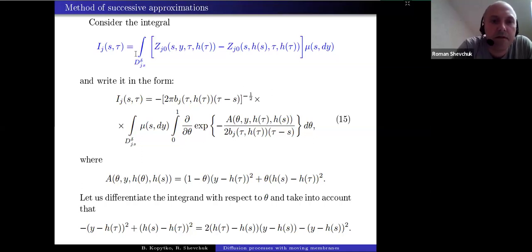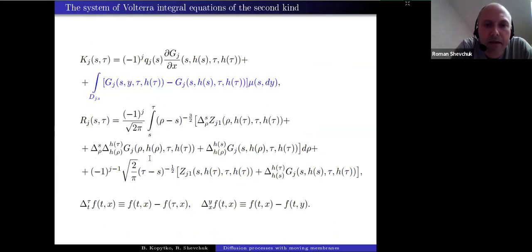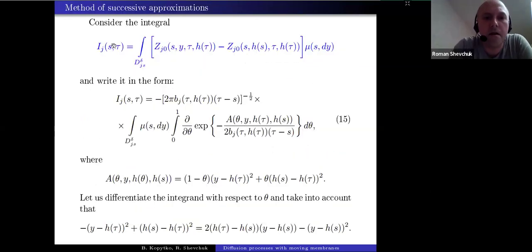So consider this bad term, and we can only consider this term when we have the integral over djs delta, and here we can write the main part of the fundamental solution gj. So here is this integral, and we write it in the form 15.